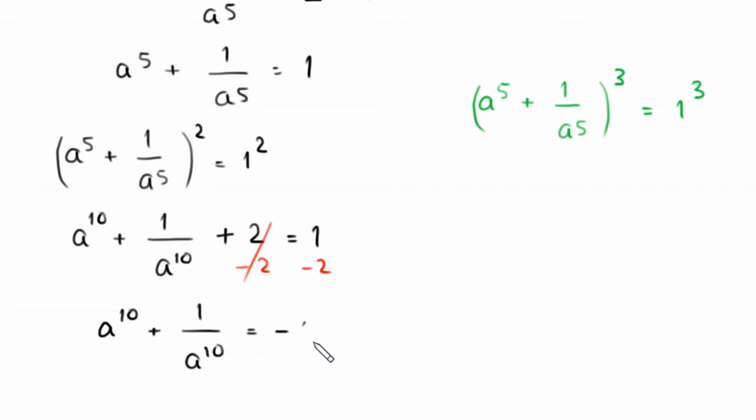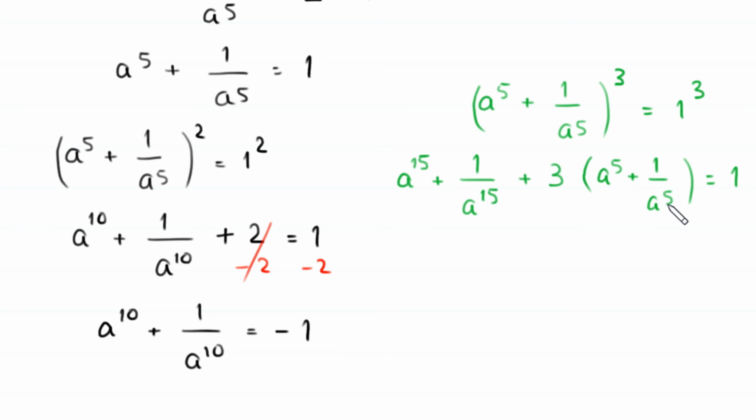negative 1. Expand this left hand side, this will become a to the power 15 plus 1 over a to the power 15 plus 3 times a to the power 5 plus 1 over a to the power 5 equal to negative 1 cubed, which is negative 1. Since a to the power 5 plus 1 over a to the power 5 is equal to negative 1, this remains negative 3.